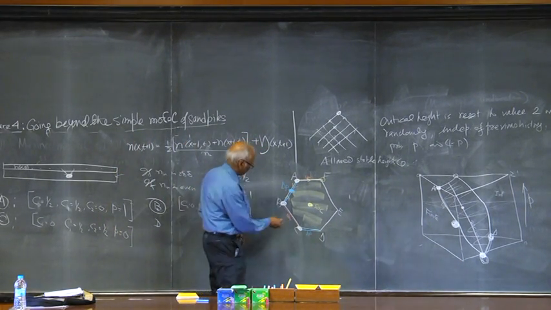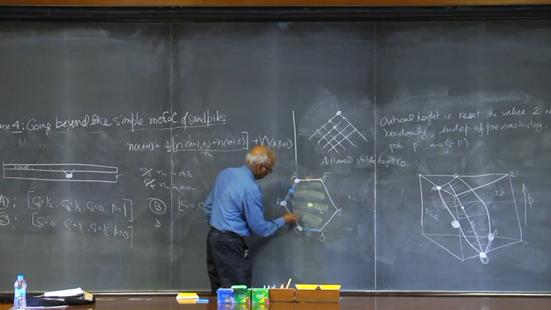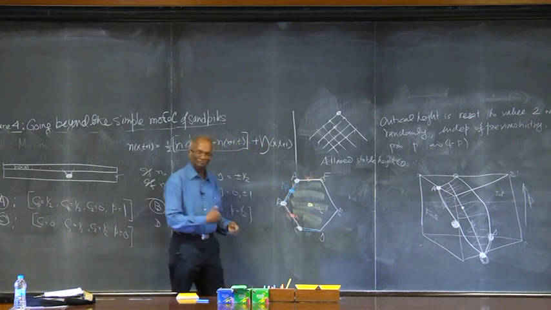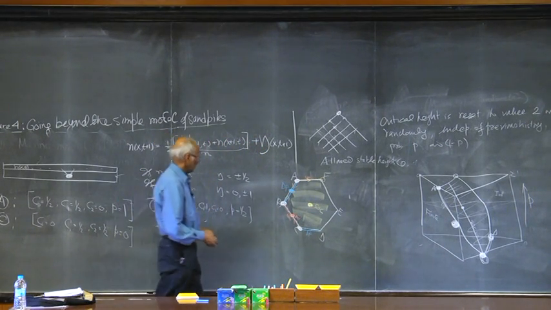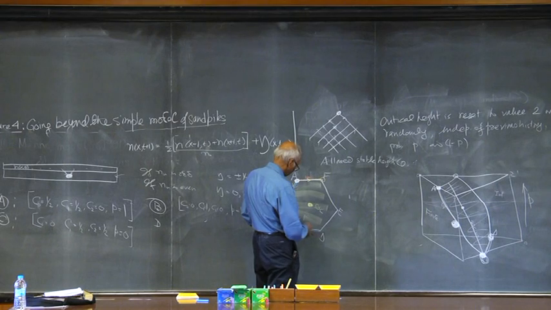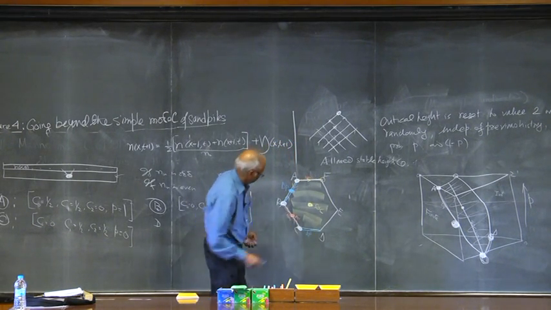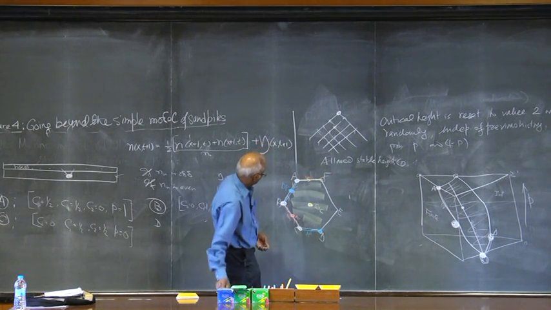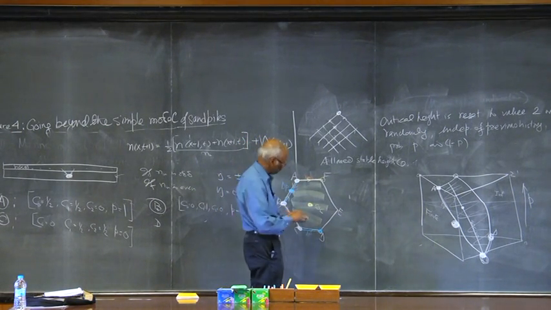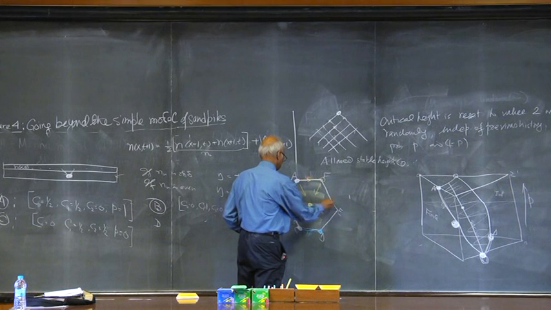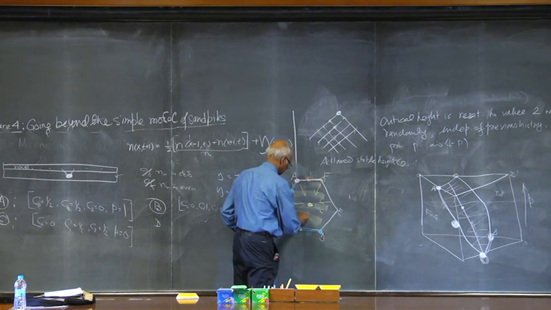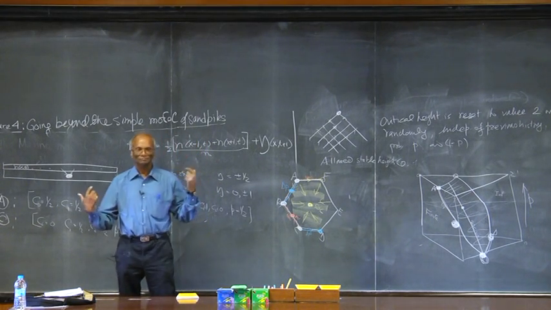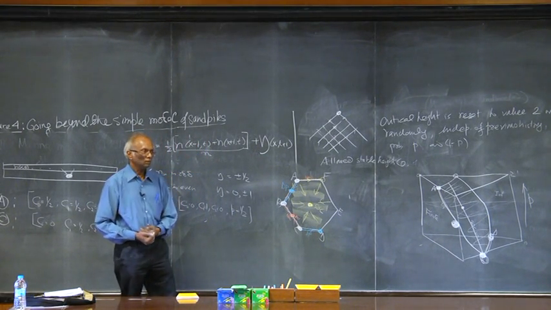Any point on this will flow into a fixed point F, like that, and this one flows into a fixed point which we can call D, and all of this here flows into, like that. Okay.